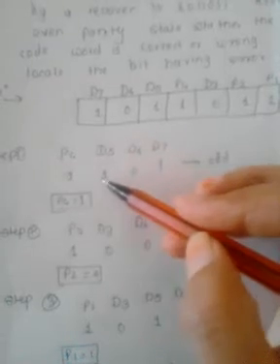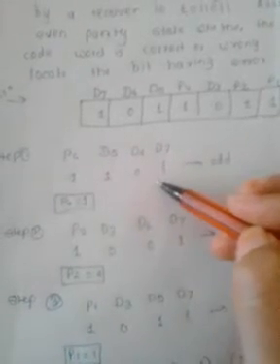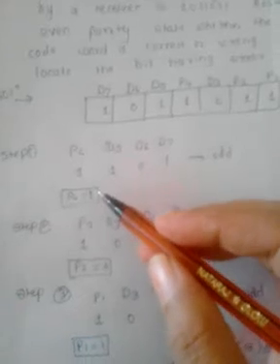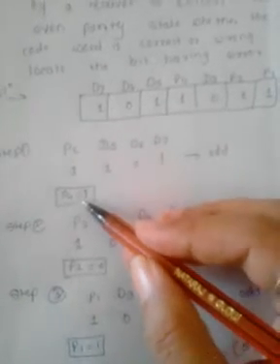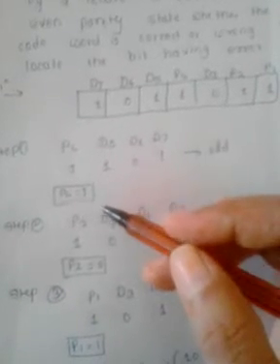So we have to calculate the number of ones here. The number of ones is 1, 2, 3. There are 3 ones, which means odd parity. So P4 is equal to 1. For odd parity we write the parity bit 1. For even parity we write the parity bit as 0.